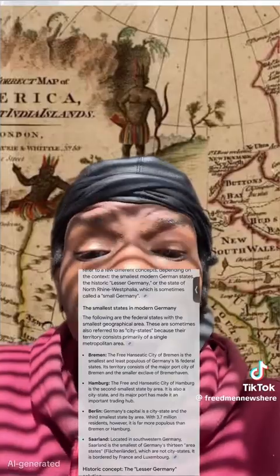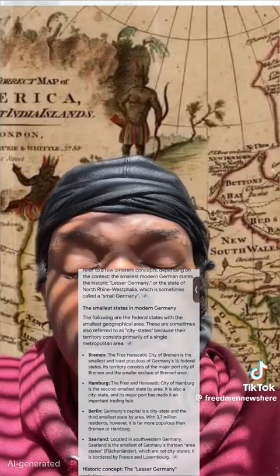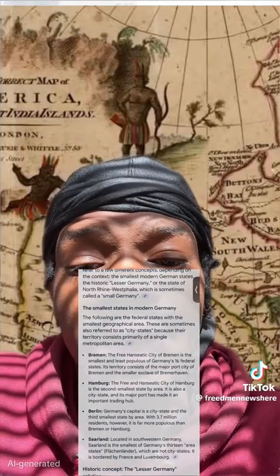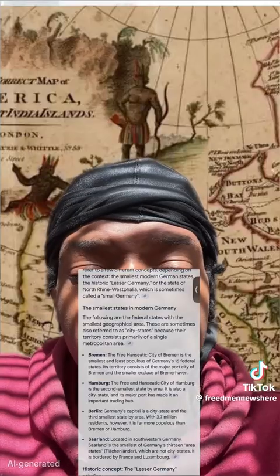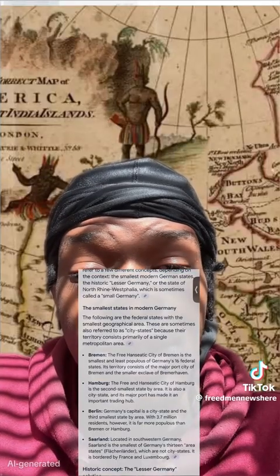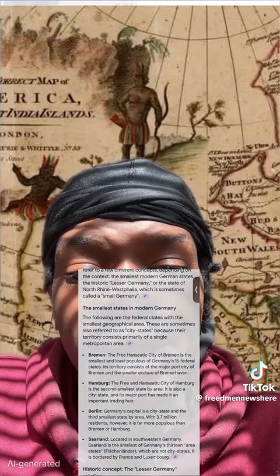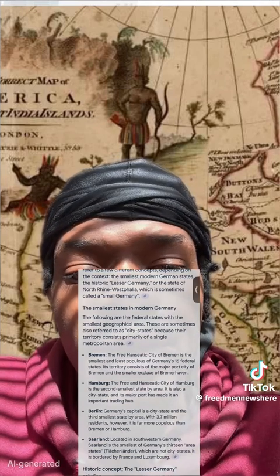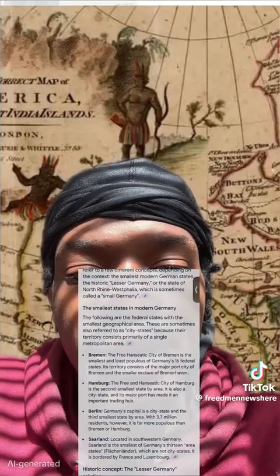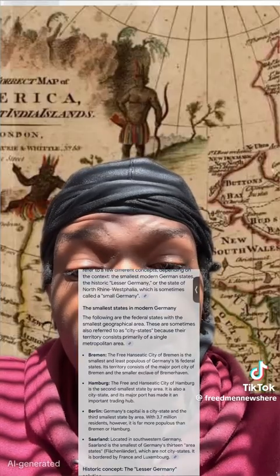Now, what are subset regions? Subset regions can refer to two different concepts, depending on the concept: the smallest modern German states, the historic Lesser Germany, or the state of North Westphalia, which is sometimes called Small Germany.